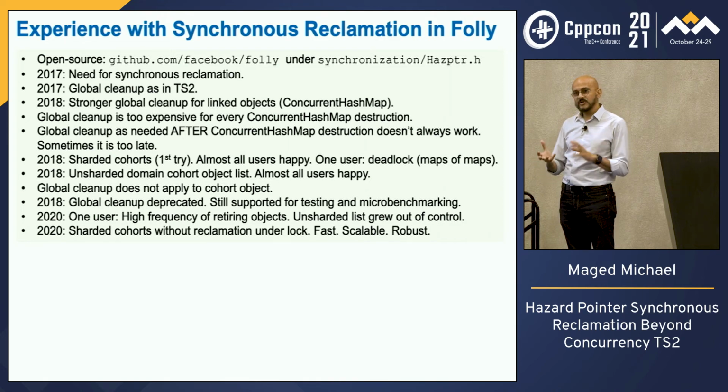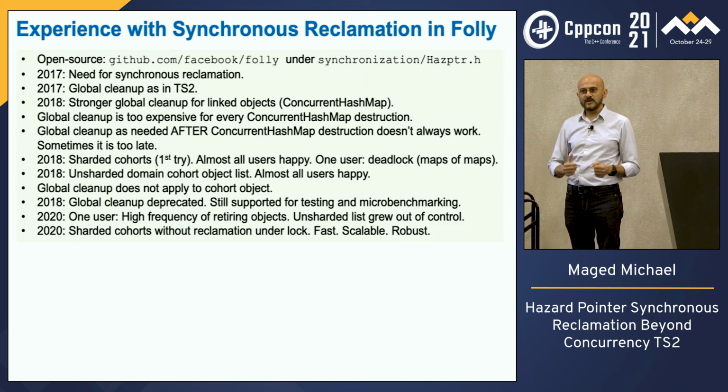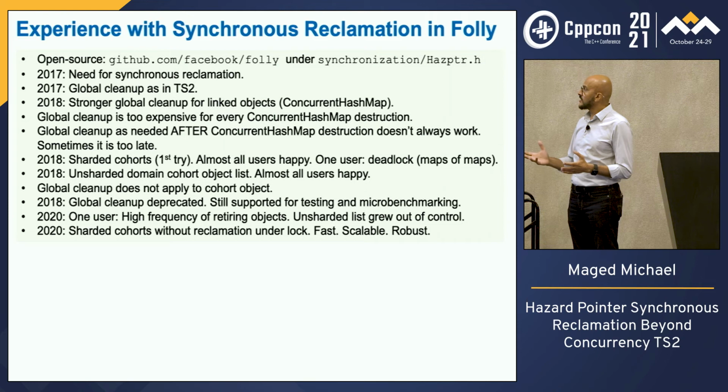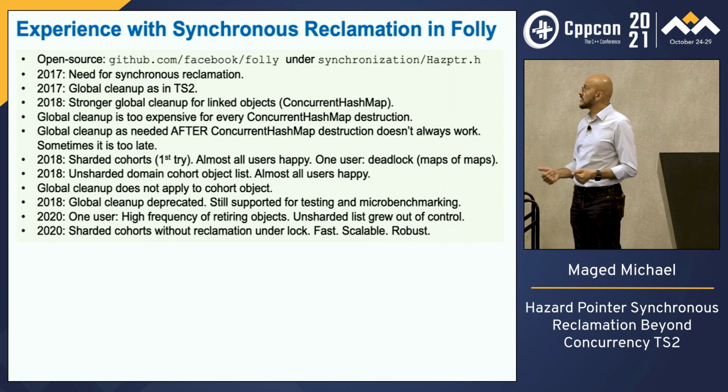So then we had higher level users who need synchronous reclamation who say, okay, why don't you use global cleanup when you need it? But then sometimes it's too late to do that. After you destroy the map, who knows what's happening in the system in between? The resources that the types may depend on might have been already shut down.